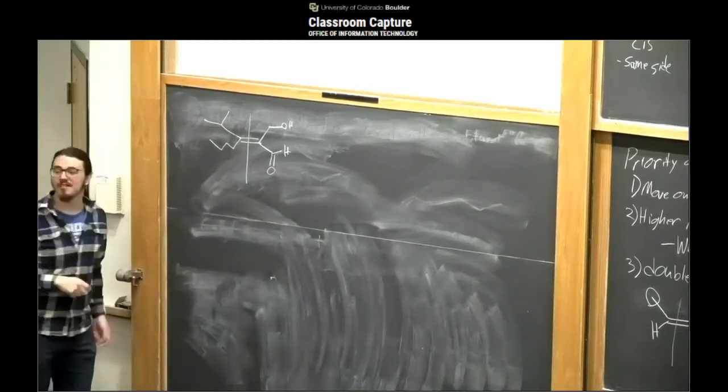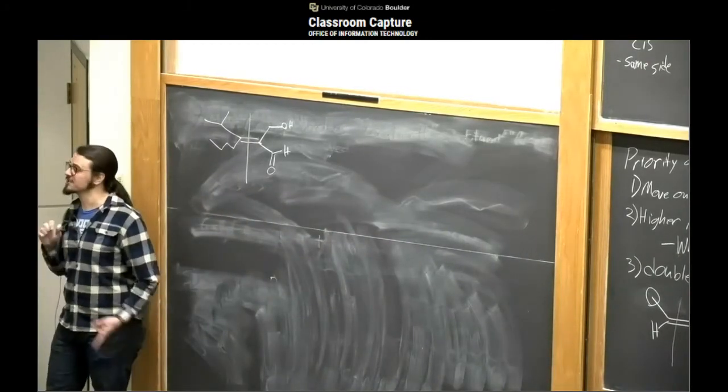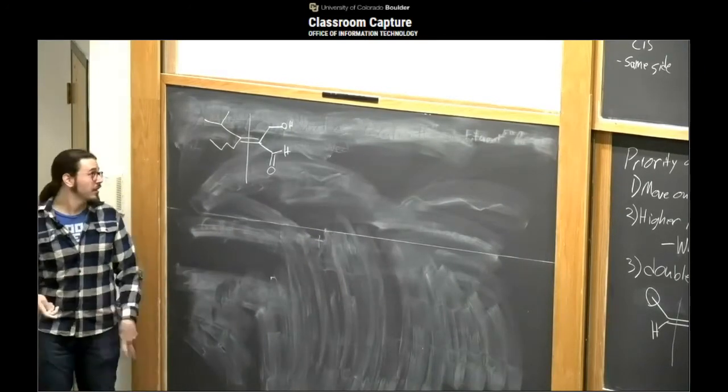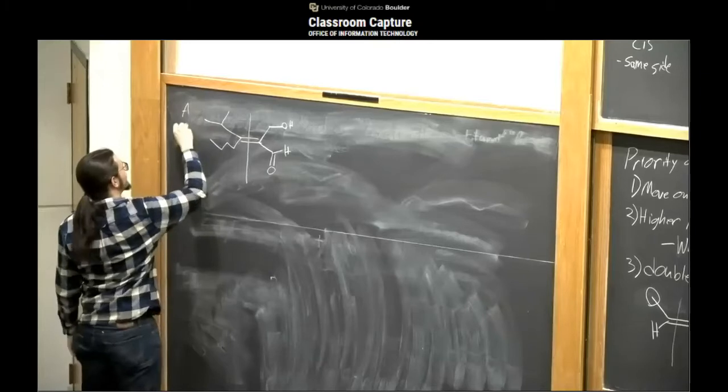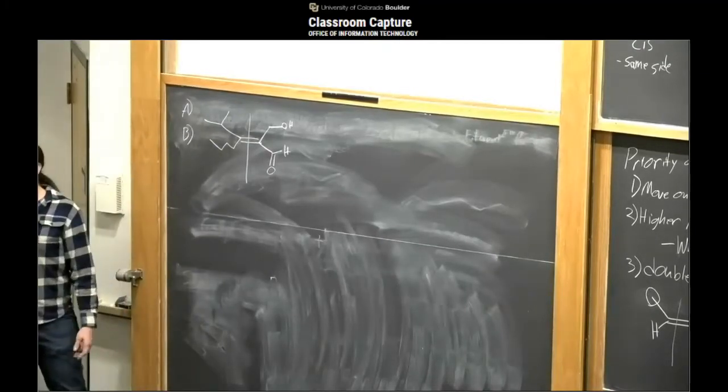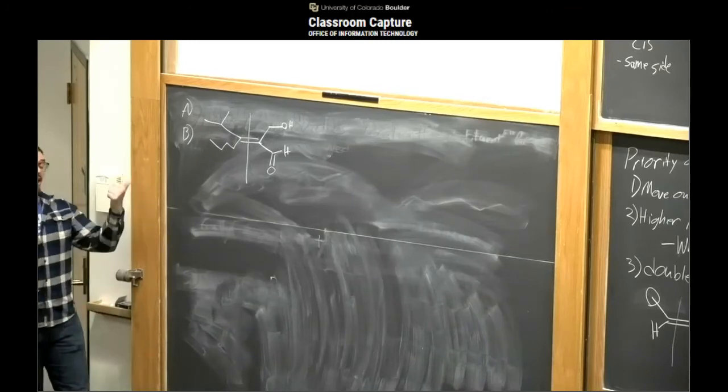It kind of drives home the point that we're looking for the first point of difference and not the physical larger size of the group. So I'm just going to label these A and B again, and then we'll work through and find the first point of difference between these two groups bonded to the left carbon of this alkene.